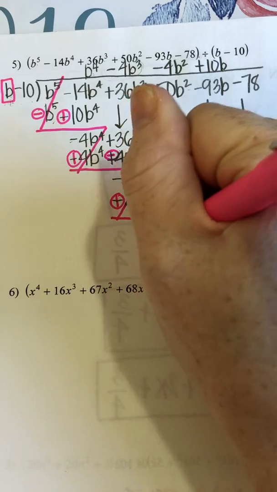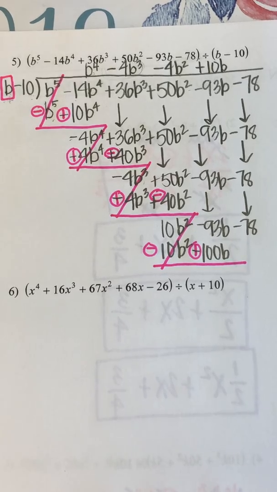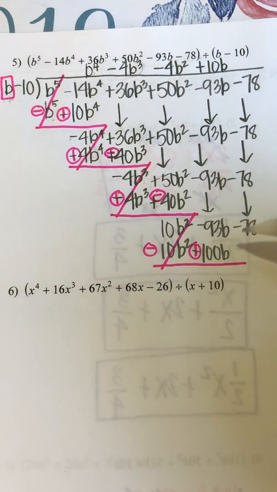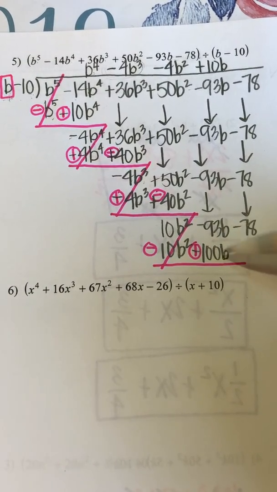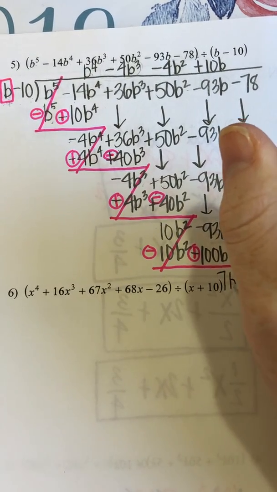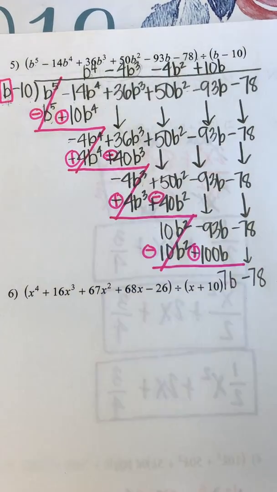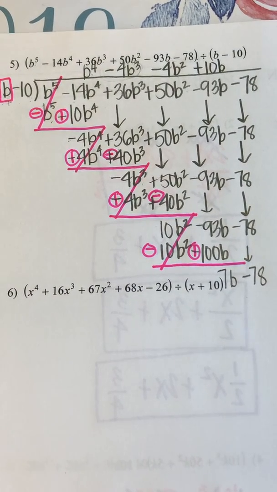If I come through and subtract, my front terms cancel out because they were opposites. What is negative 93 plus 100? 7. So I've got 7b, and then I drag down the minus 78.